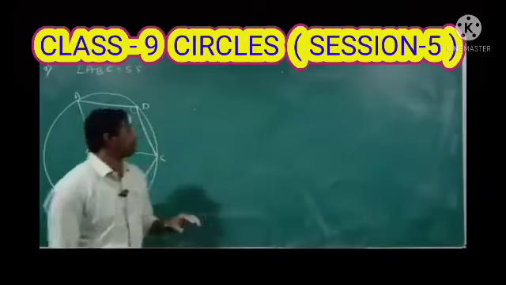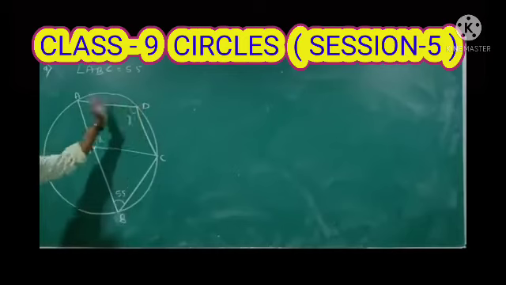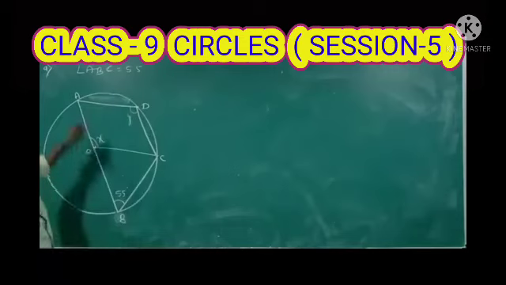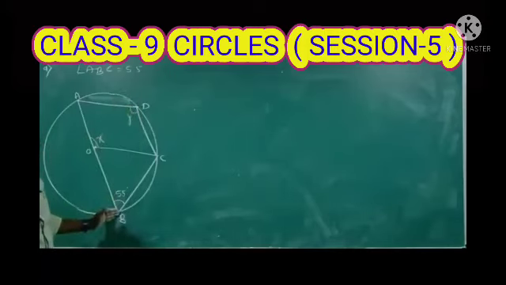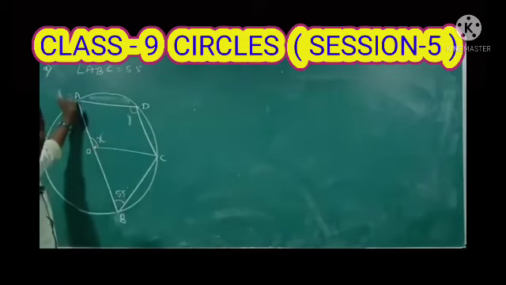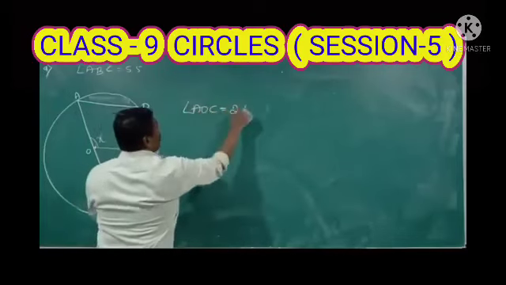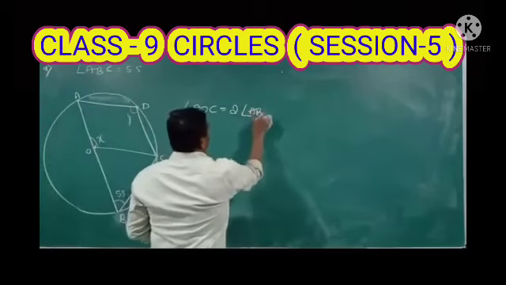Listen here. If you consider AD as an arc and AD as a chord, this will make a segment of this circle. So the angle formed by the arc on the circumference is half, whereas the same angle formed at the center of the circle is double. Therefore, angle AOC is 2 times the given angle ABC.